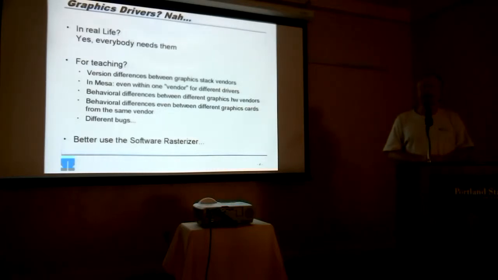That's why for teaching, I would rather stick to the software rasterizer, at least in the beginner's class. I mean, if a student is in his second year and you have to tell him about OpenGL versioning and core profile versus compatibility profile, and about what to do if something isn't working, use extensions and so on, I think he's going crazy.